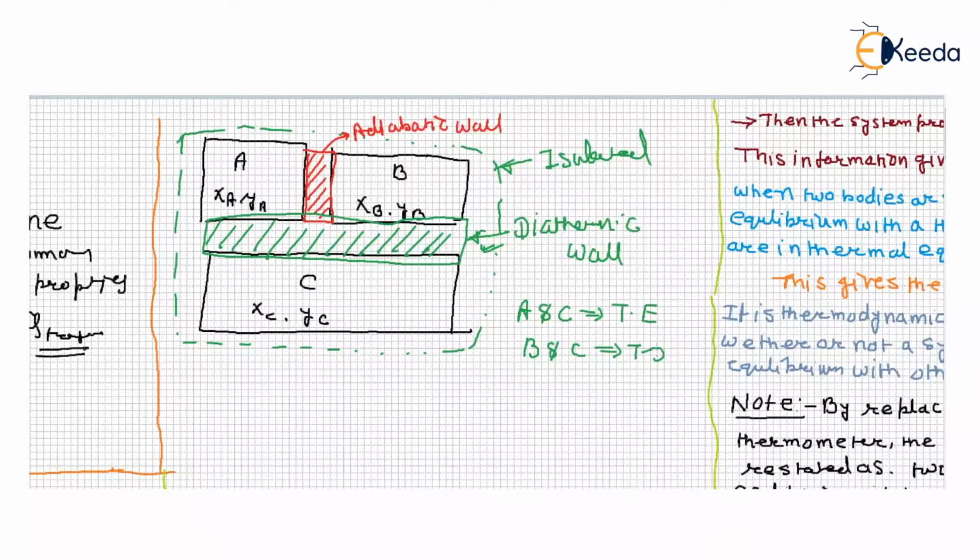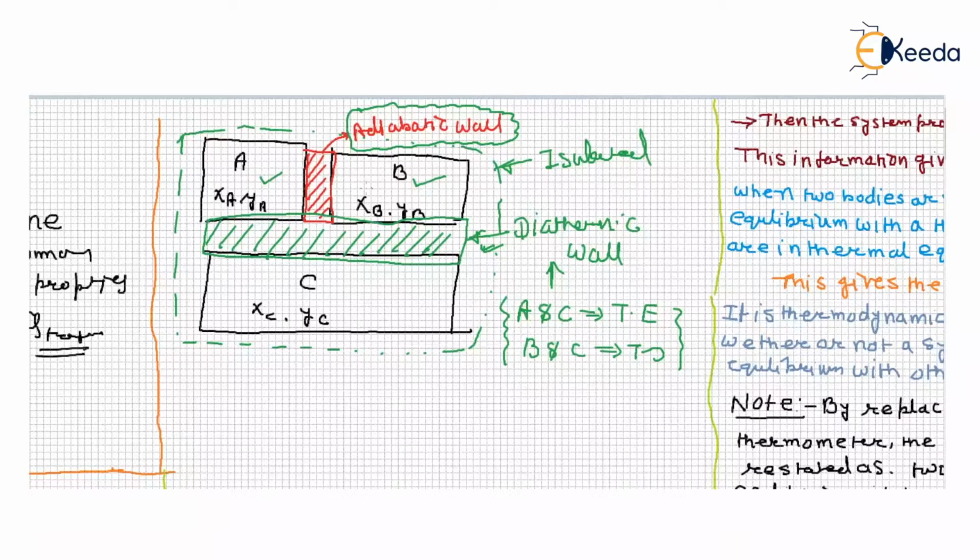But how can you say that system A is in thermal equilibrium with system B? You have a confusion. Why? Because you see there is an adiabatic wall, and an adiabatic wall is a wall to resist the stress developed between the two systems due to unbalance of its property.